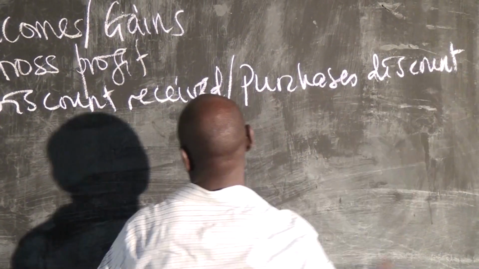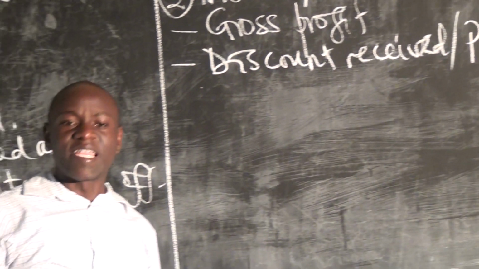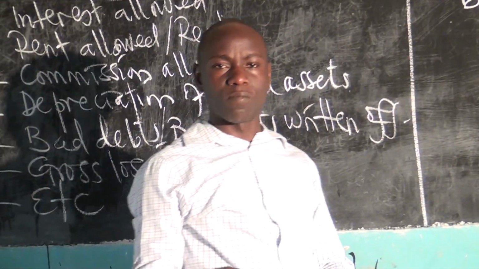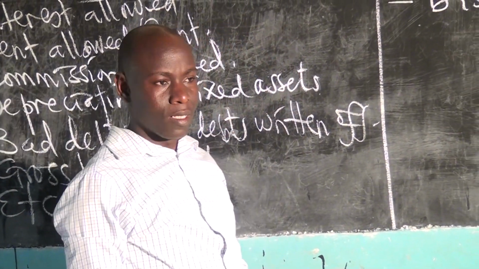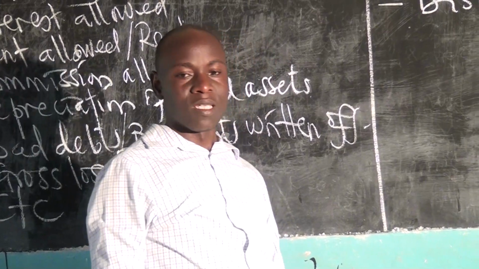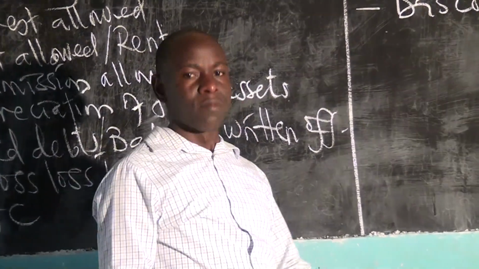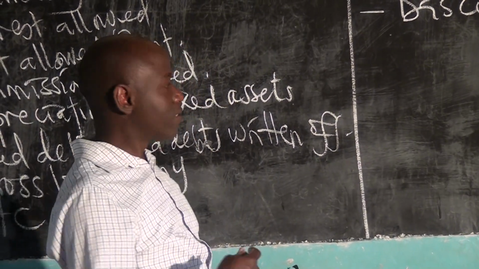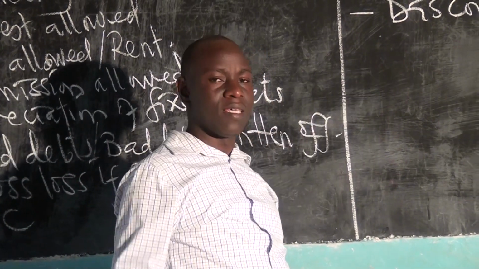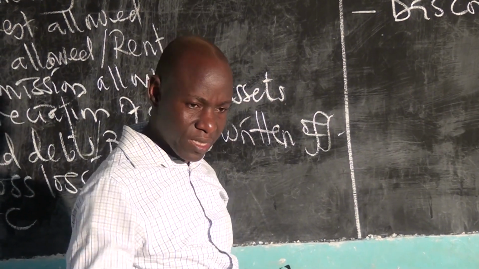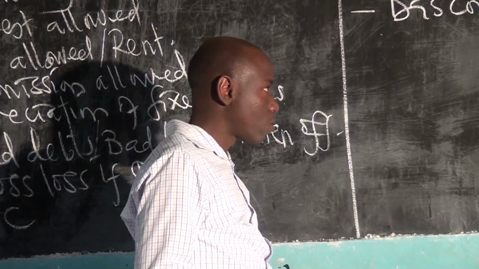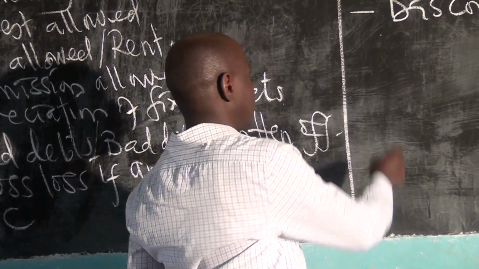This is the discount the business gets from its suppliers. Where the business buys goods, it is also given some discounts. Such discounts are regarded as business income, or what we call business gains.